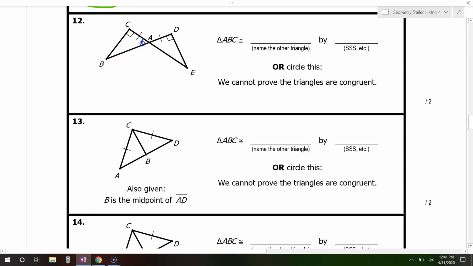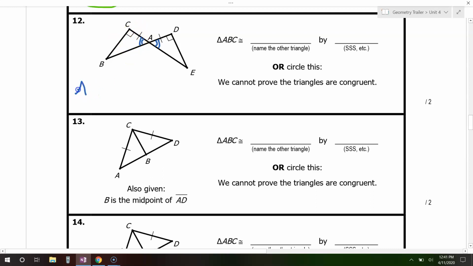There's something we must mark. These vertical angles are always congruent, so you've got to mark that. Now, look at one triangle at a time. I see that we have two angles and a side.